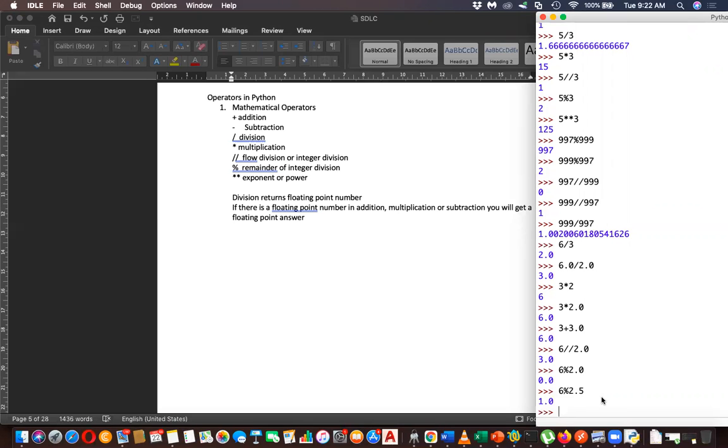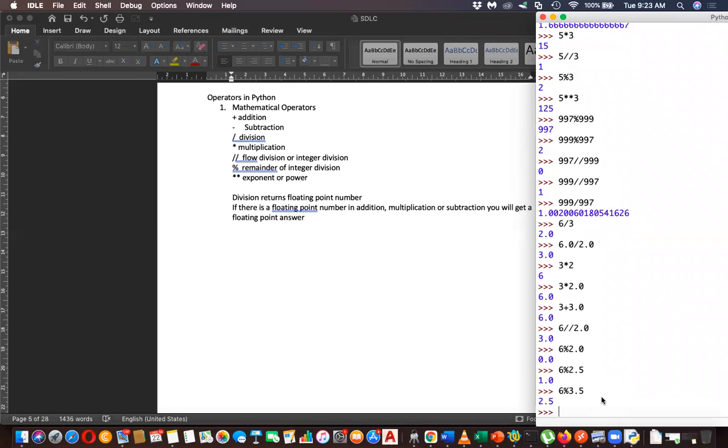Why is it 1? Okay, let's say 6 modulus 3.5. What is the answer? It is 2.5.